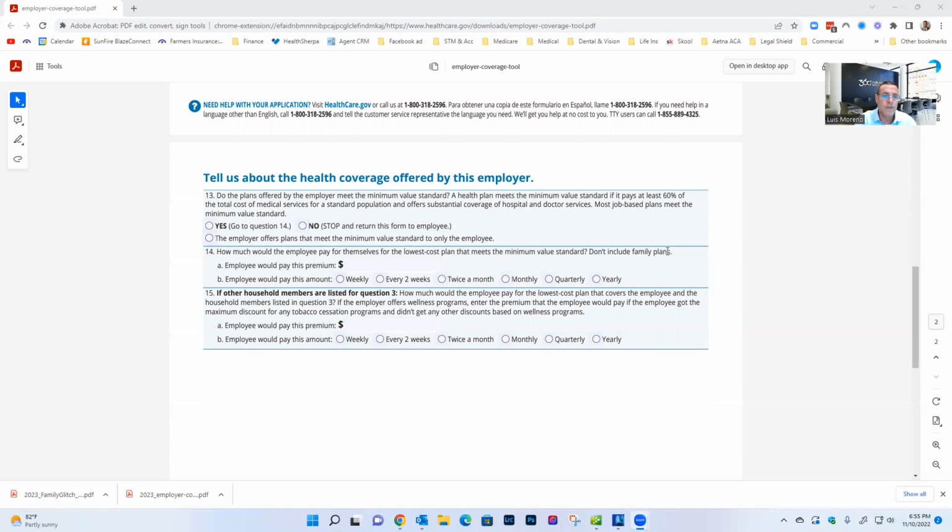I showed in my previous video where the rate may be $600 for the employee only, but if the employer matches 50% of that, then the employer pays 300 and the employee pays 300. That's the actual number that would go here, what the employee would pay. So they're going to put the $300 in here, and then how often the employee pays, monthly or whatever their pay cycle is.